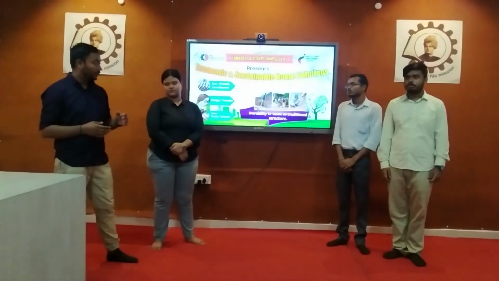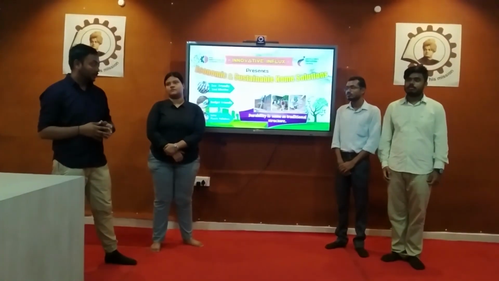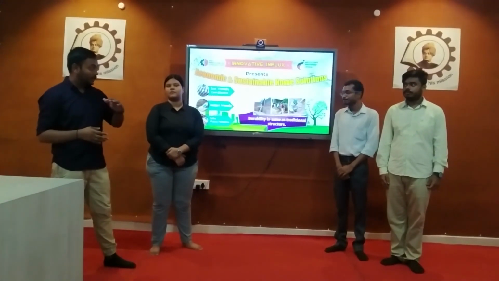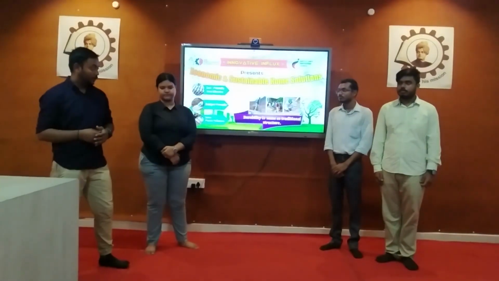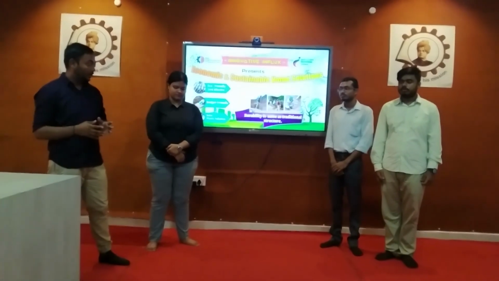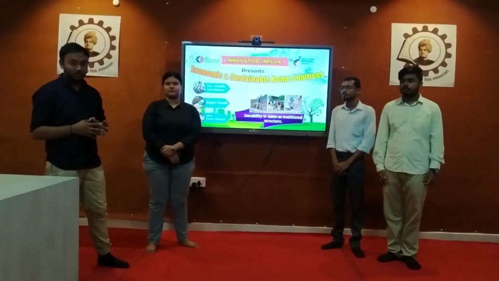After that we will construct cast in situ concrete in the windows, the sill level and the lintel area. It will be provided around the whole perimeter of the building, and I think the building will be more sustainable and durable.